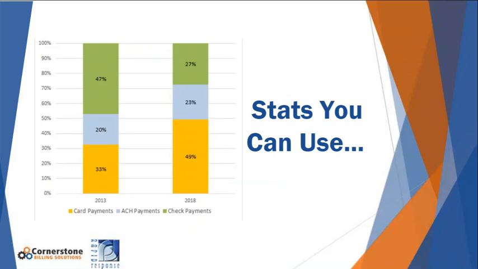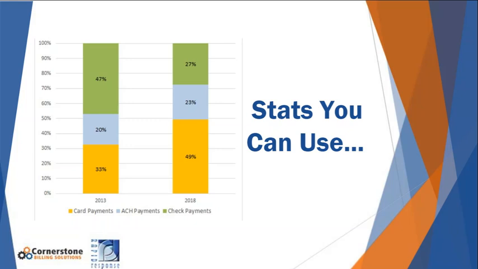We'll have a few slides on statistics that I think will be helpful to those attending today. The first one has to do with the shift, really in the last 5 to 10 years, to non-paper methods of payment. On the left side in this bar chart is the first 6 months of 2013, payments through the Cornerstone system, and we do a lot of payment processing.